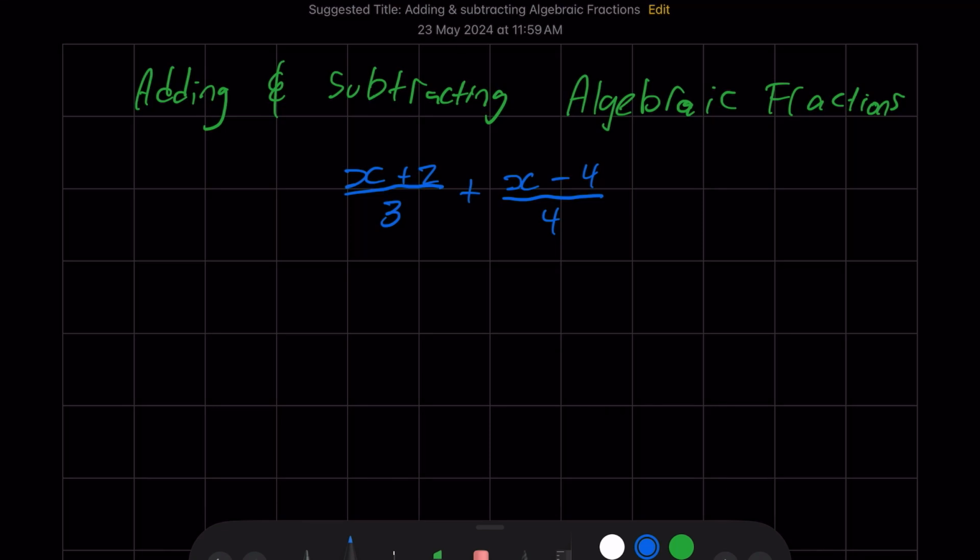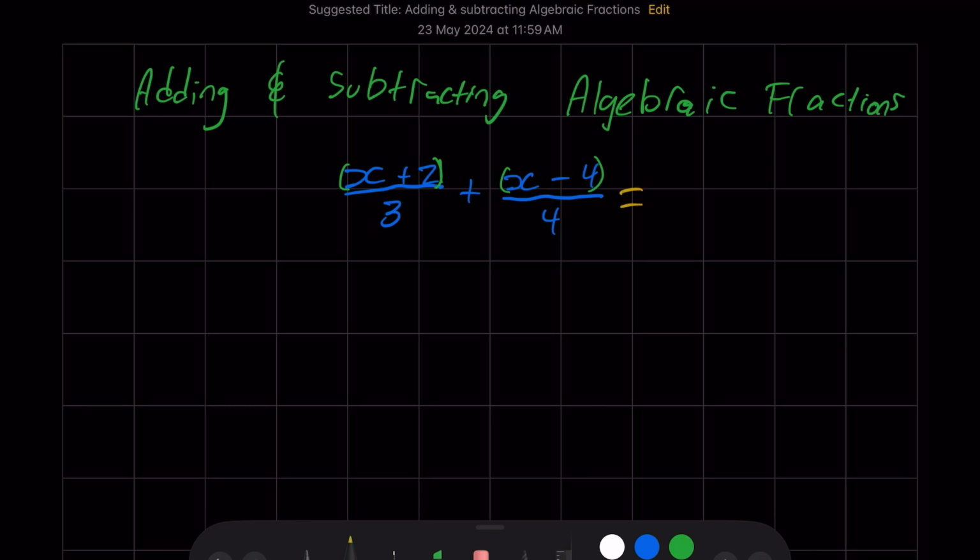The first step I always say is to put brackets around here. We put brackets around here. Sometimes they will have the question with the brackets, sometimes they will not. But I always say to put the brackets there because it will help you for the next step. Always put those brackets there.